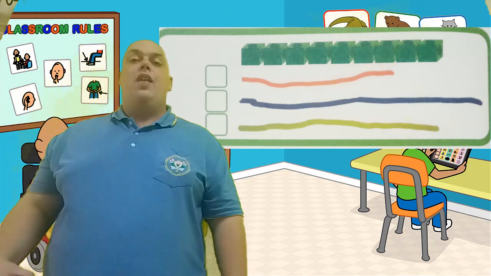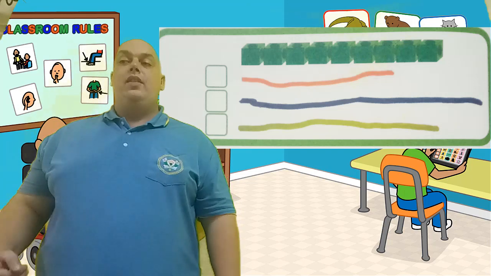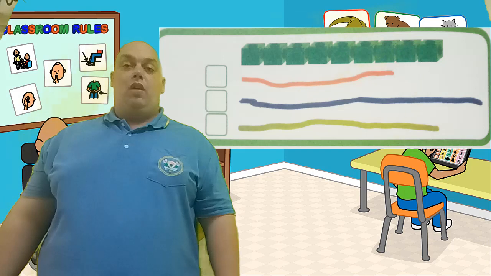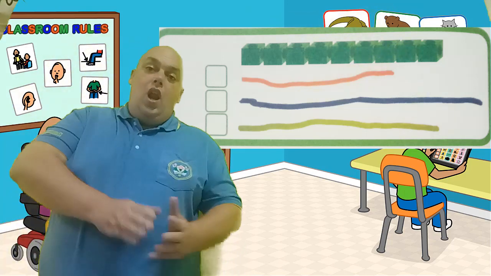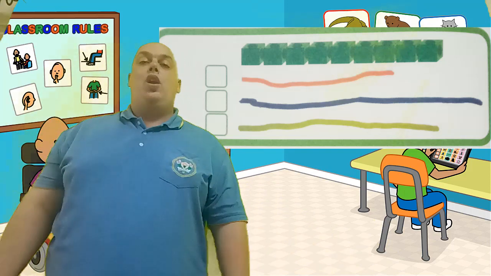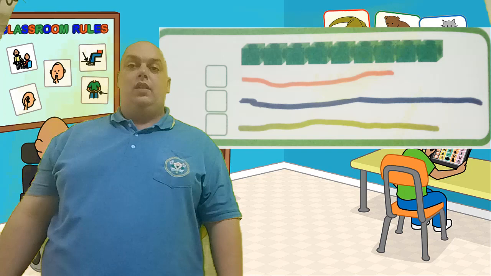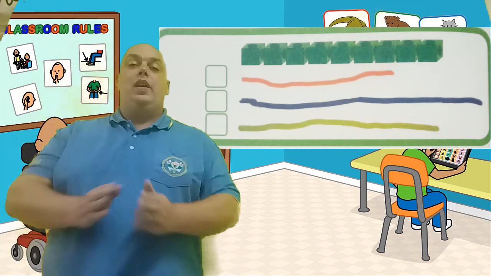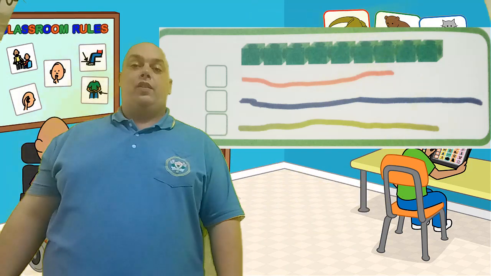Which one is the same? Yes, the green string is the same as the row of blocks. And which one is the longest? Which one is longer than the row of blocks? Yes, it's the blue one. The blue one is longer than the row of blocks.